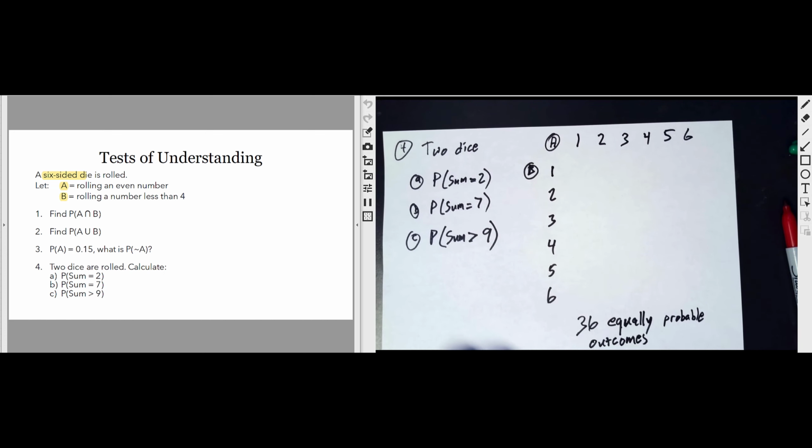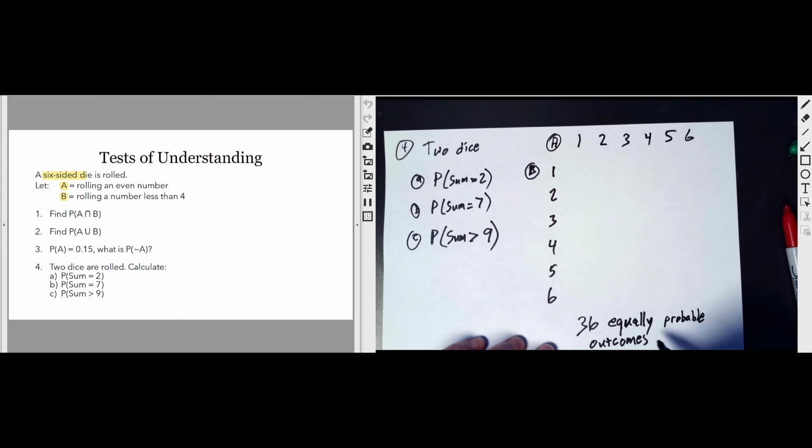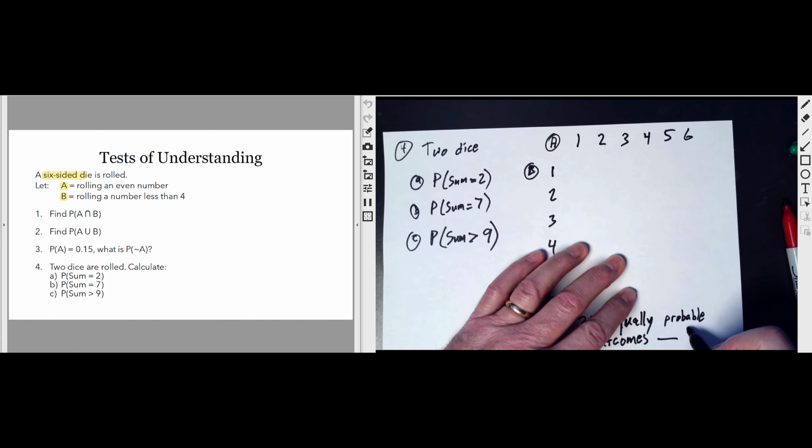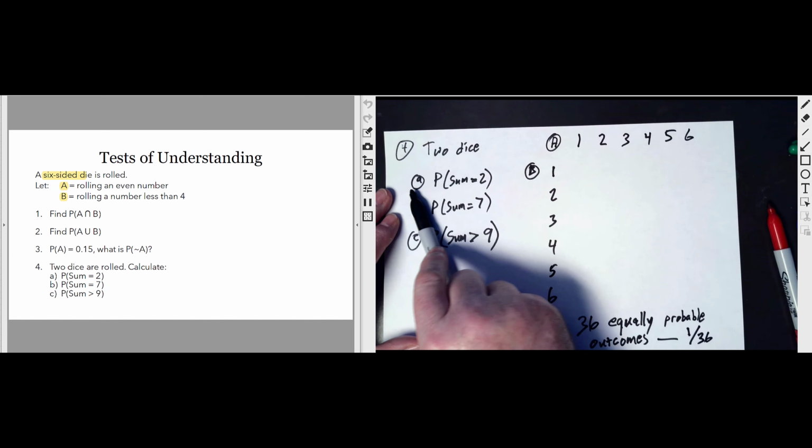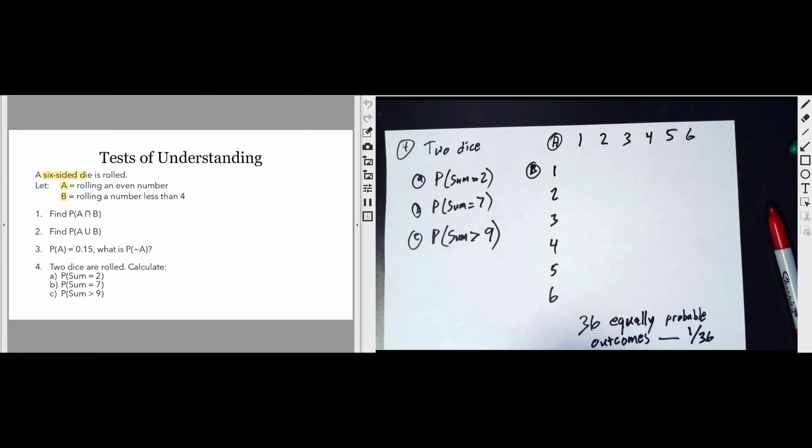So the probability of any particular outcome is going to be 1 out of 36.